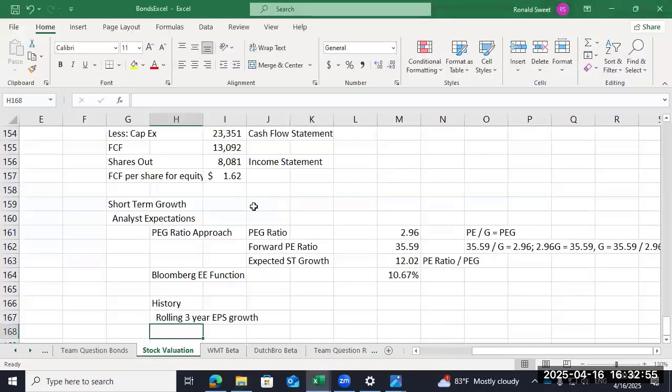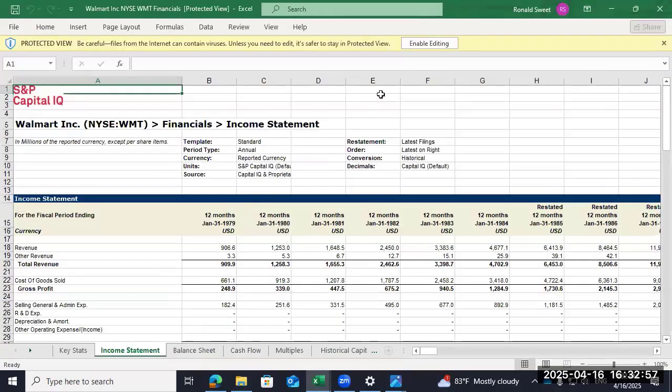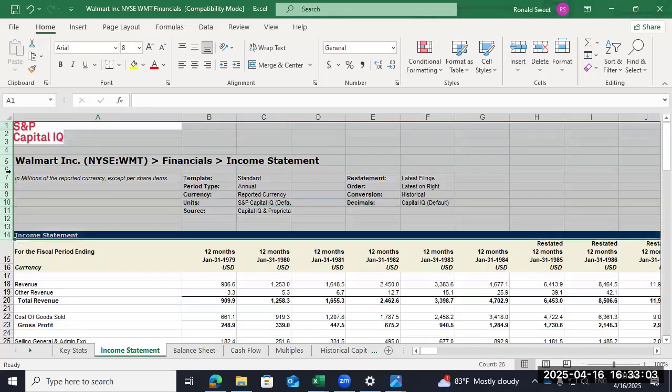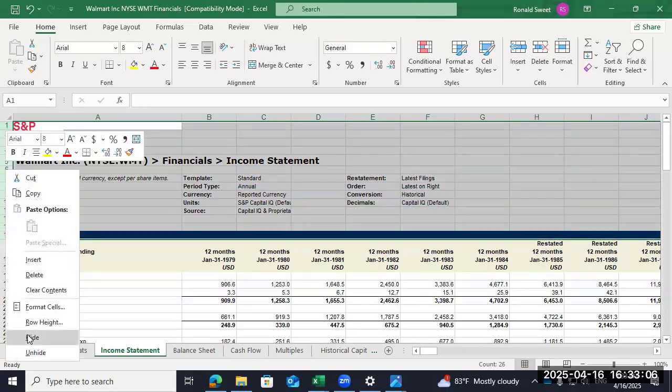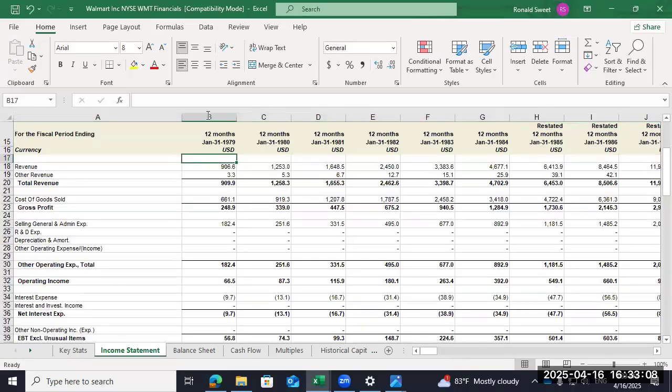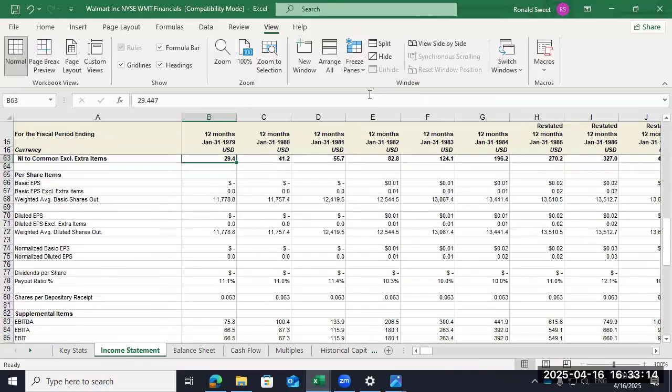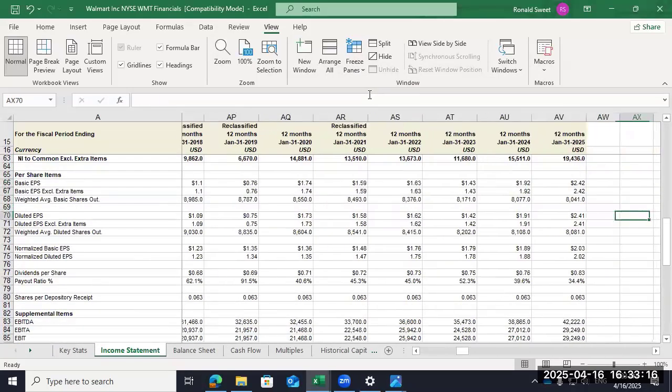There it is. All right, so let's do the income statement. I'm going to hide all of these. I'm going to put a freeze frame. So let's go down to earnings per share. Here's their earnings per share right here.